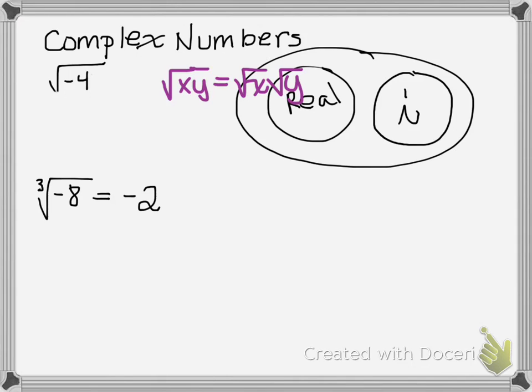So we can always split up these radical expressions, right? So I'm going to take the square root of -4, and I'm going to split that up into the square root of -1 times the square root of 4.